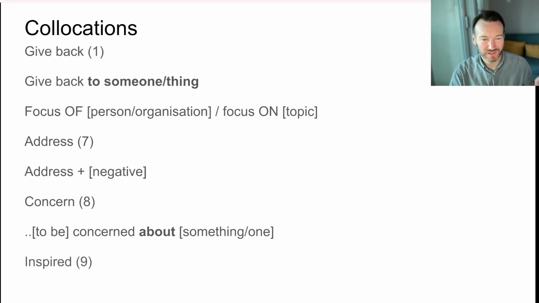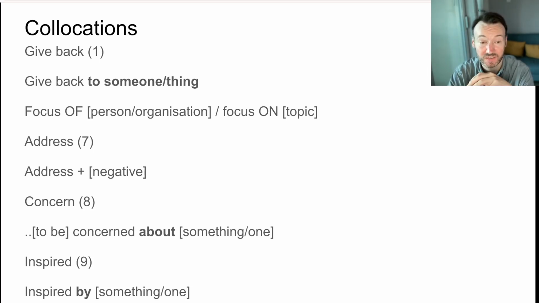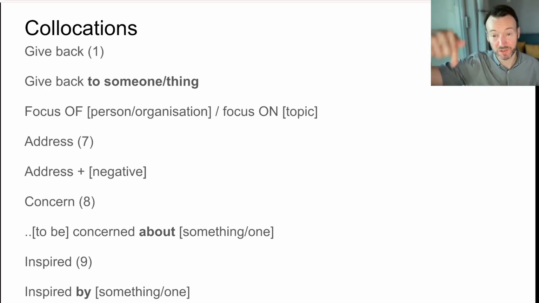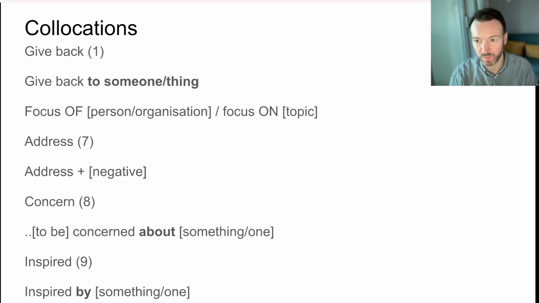Similarly with inspired. To be inspired by, we have exactly the same thing. We have to be at the start, but in this case the preposition is by. So I am inspired by, you are inspired by, we are inspired by, and then something. So to be concerned about, to be inspired by. We have two different prepositions there.